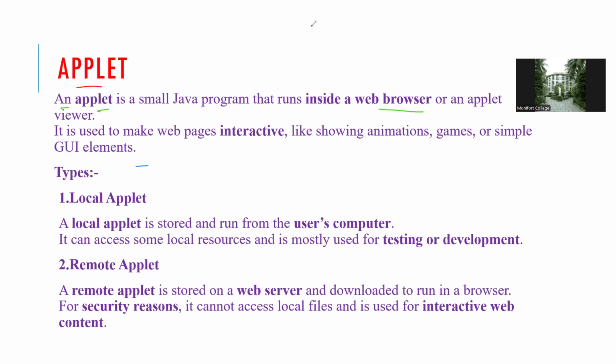Nowadays we have browsers like Microsoft Edge, which will not support applets, and Chrome, the popular one, will not support applets. The present browsers we use in our daily life do not support applets completely.